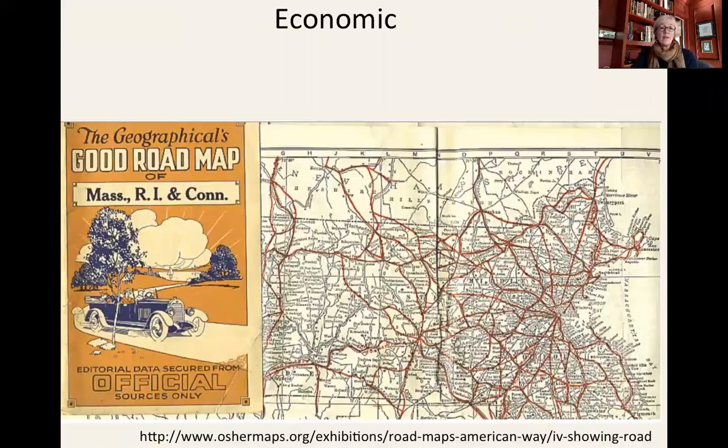If you were wealthy enough to have a car, you needed to know which of the roads you could actually ride on. So we're starting to see, one, this idea of an influx of people into the city because of rail. And then we start to see this opposing movement that is income-based, of individuals with money and the wherewithal to be able to individually drive out into the city and other parts of the country.